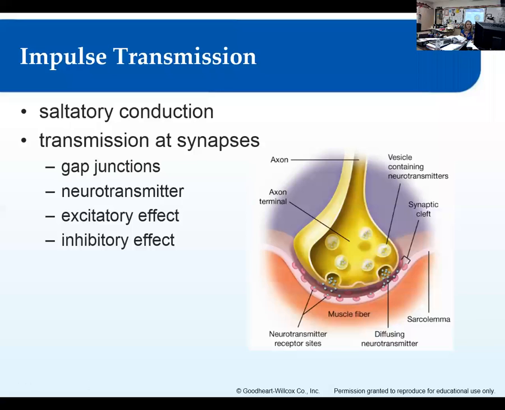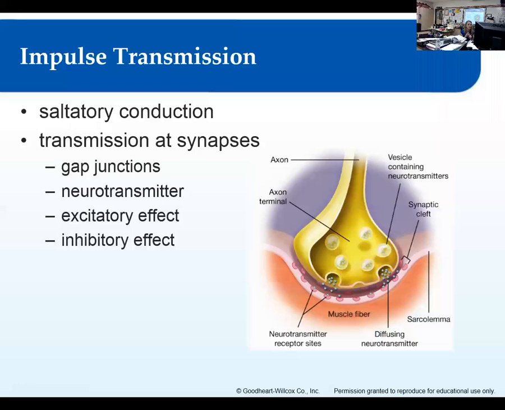A neurotransmitter is just a little chemical that transmits a message between the axon terminal of one neuron and either another neuron or a muscle. The synapse, remember, is the gap between those, and the neurotransmitter is just the little chemicals that travel across that gap into whatever tissue it's trying to connect to.